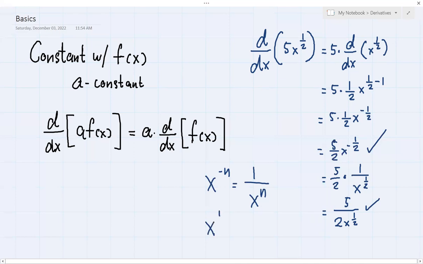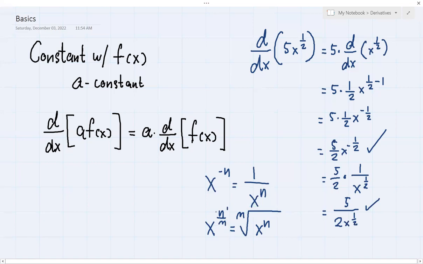Or pwede pa natin i-simplify si x. Remember, kapag meron tayong exponent na naka-fraction, we can convert that term into a radical term. So if we have x raised to n all over m, then it is equal to m root of x raised to n. Kumbaga, yung denominator ng fraction, siya yung nasa radical sign o yung naka-root sign.